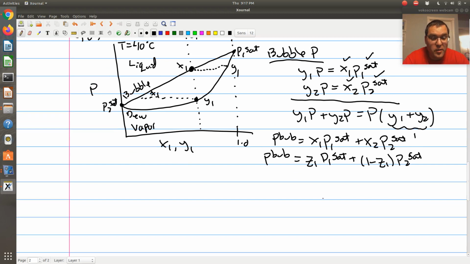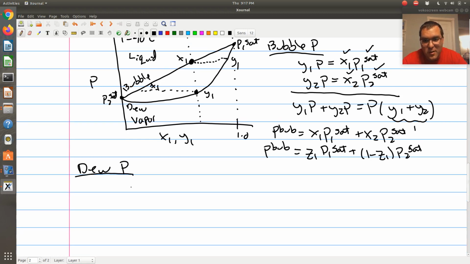If I want to know the dew point pressure, I do a dew P calculation, which is going to essentially be the same thing in spirit. At my dew point, I have a two-phase system at vapor-liquid coexistence. So I write down my two isofugacity expressions.